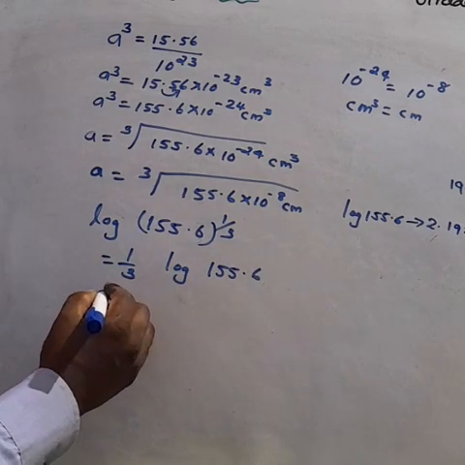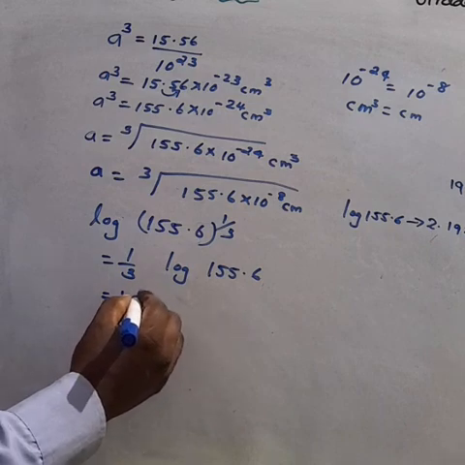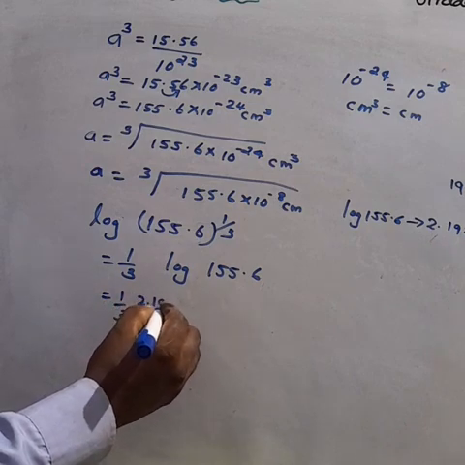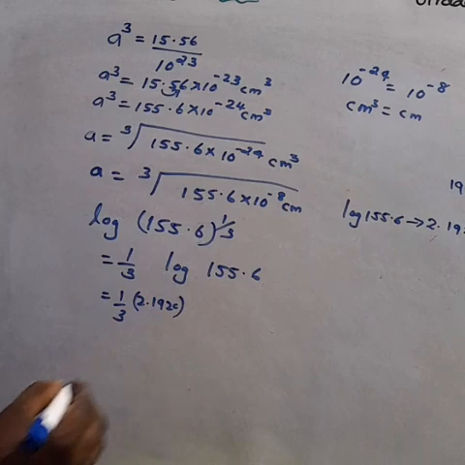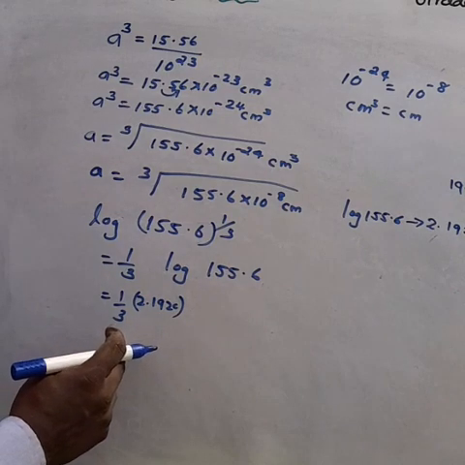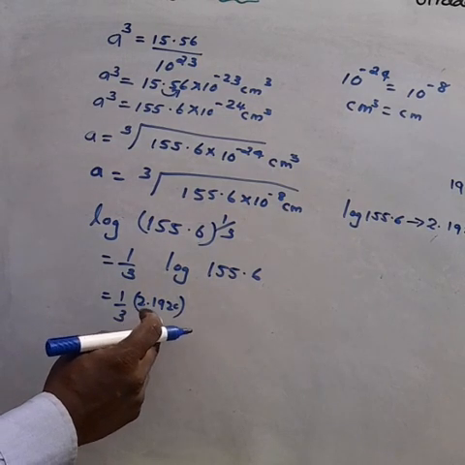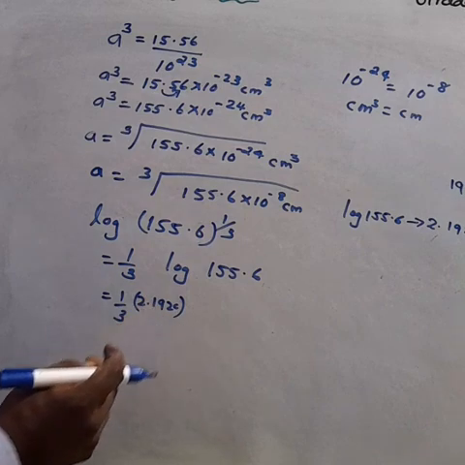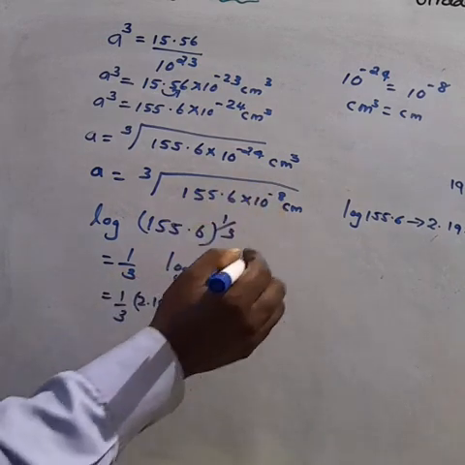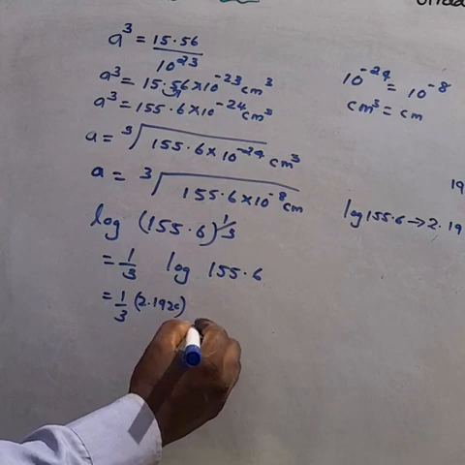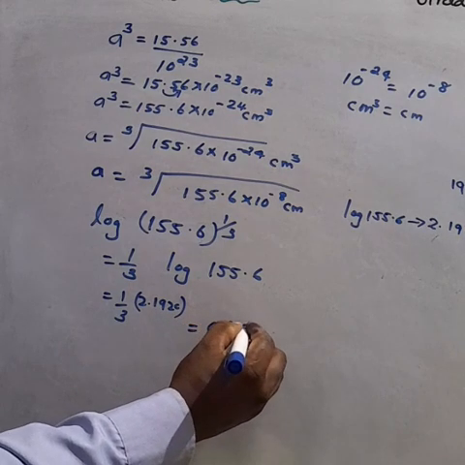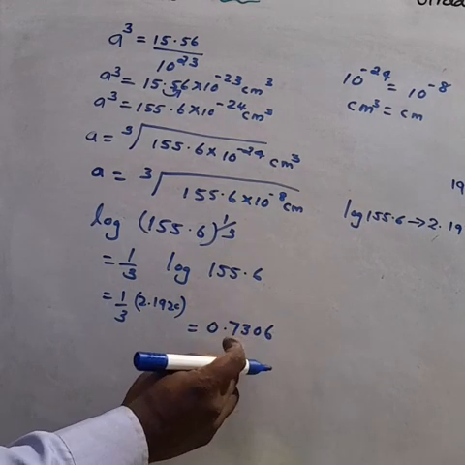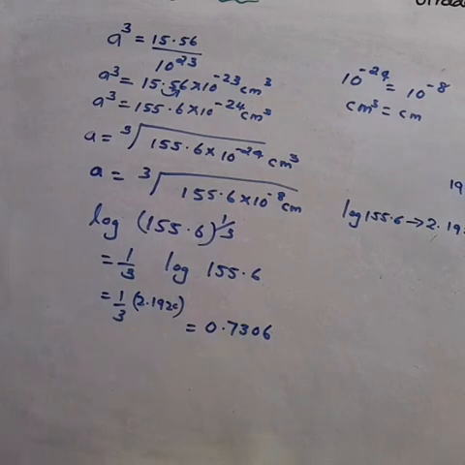Now I am dividing 2.1920 by 3 and directly writing the answer: 0.7306.